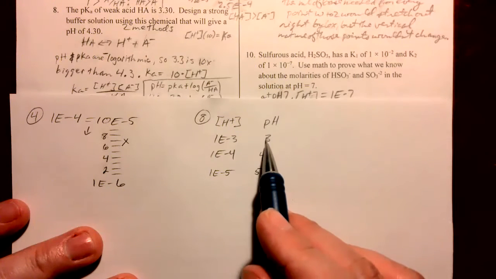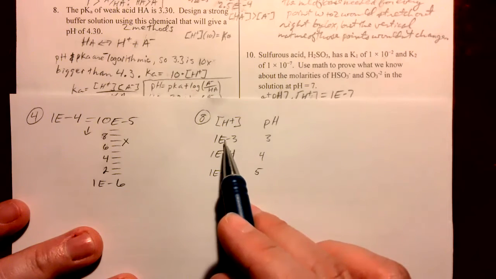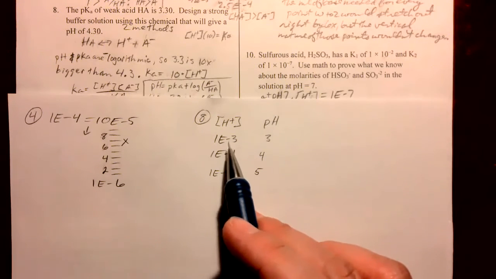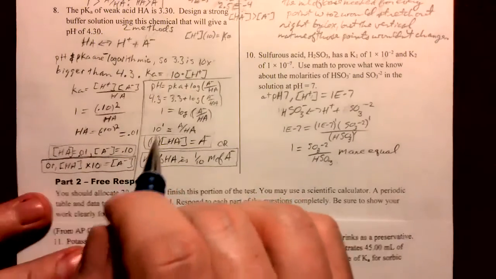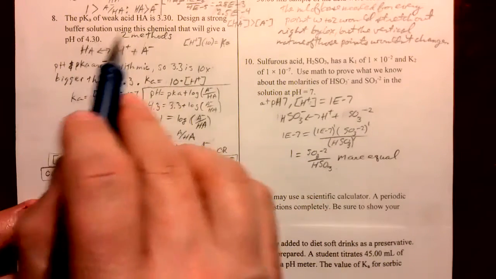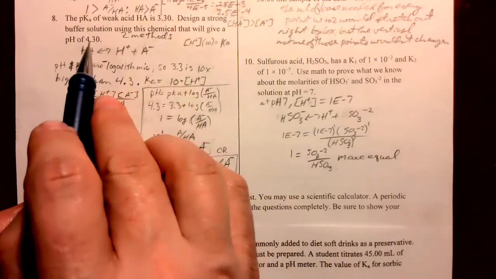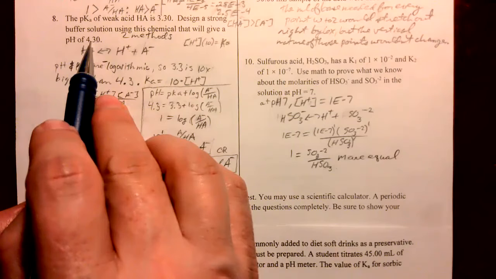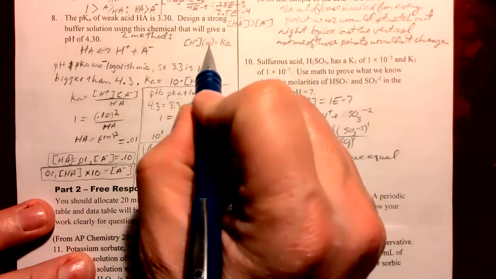So getting smaller is a rise in the underlying value by a factor of 10. And pKa and Ka work the same way. So when we say that pH is 4.3 and pKa is 3.3, this is bigger than that by a factor of 10 in underlying values. The Ka is bigger than the H plus by a factor of 10.